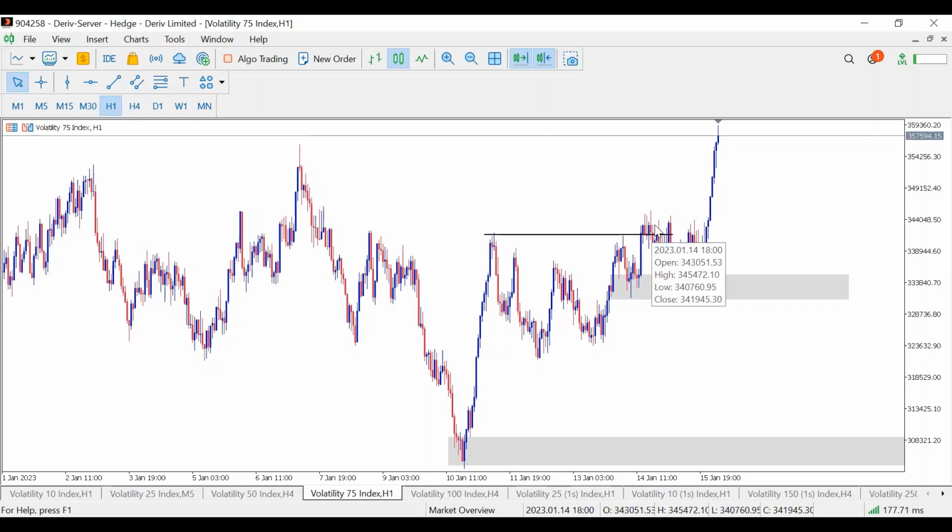The market, after having this cluster of candlesticks above this level here, then came down back to this order block here, or rather this one here, and then it made a turning point, and then it went up high above this price level that was a stumbling block to the market for a very long time. All right, so what does this tell us?